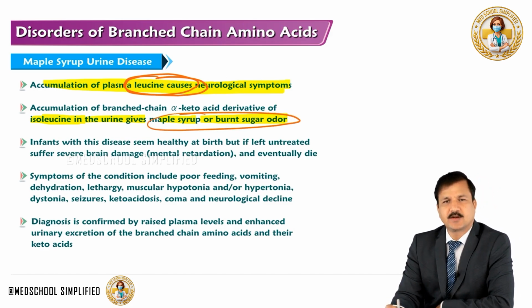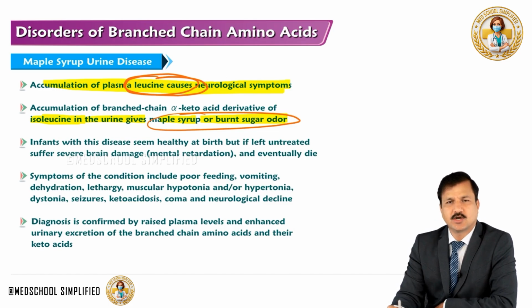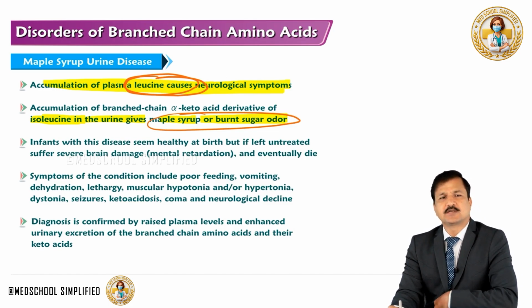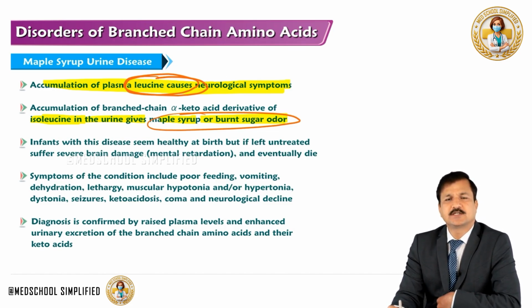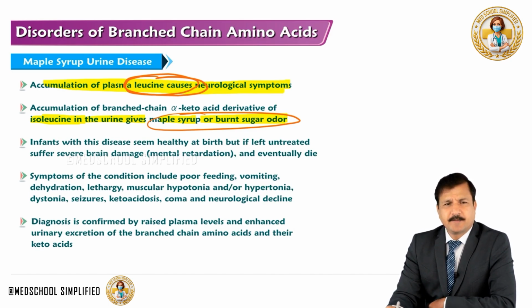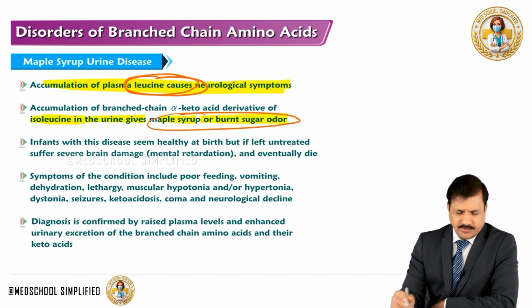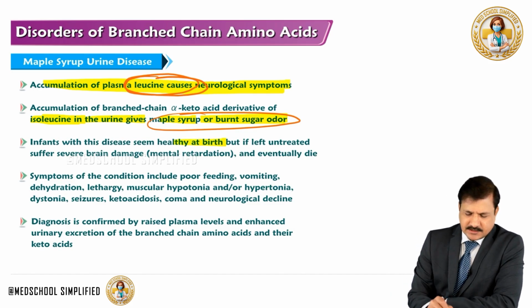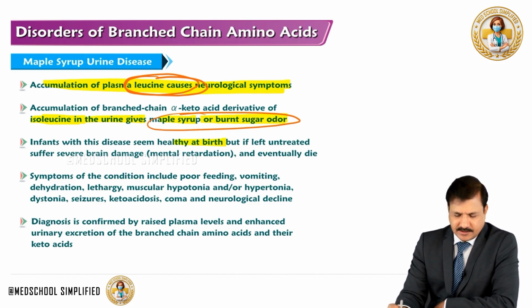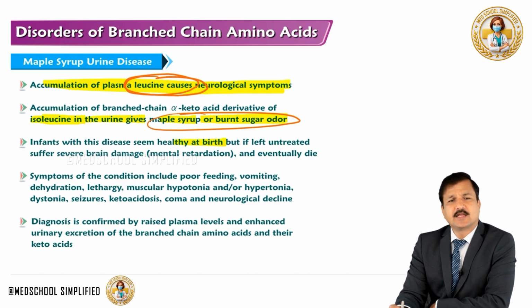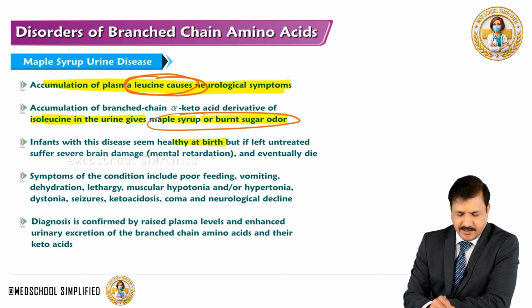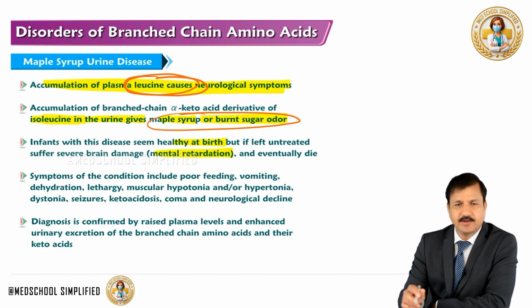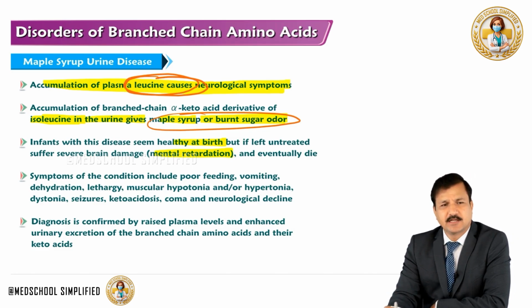That is a maple syrup odor or a burnt sugar odor, and that is because of accumulation of the branched chain alpha-keto acid derivative of isoleucine, and that is alpha-keto beta methyl valeryl CoA. Now, infants with this disease seem to be healthy at birth, but if left untreated, there will be severe brain damage leading to mental retardation and eventually death.